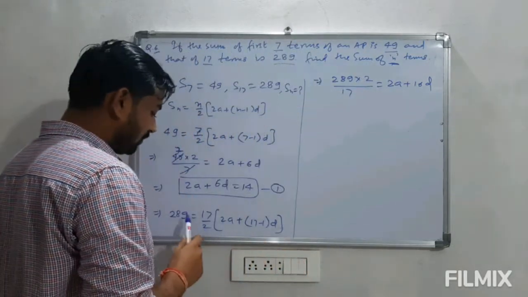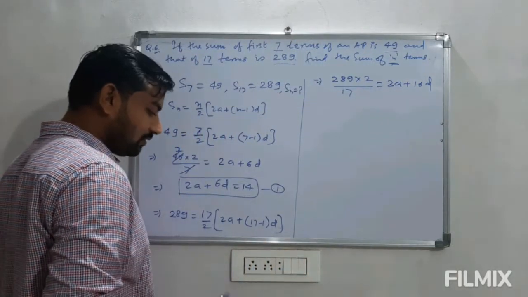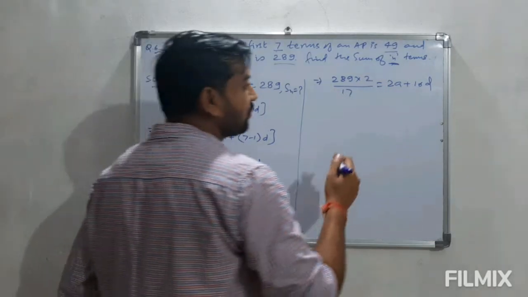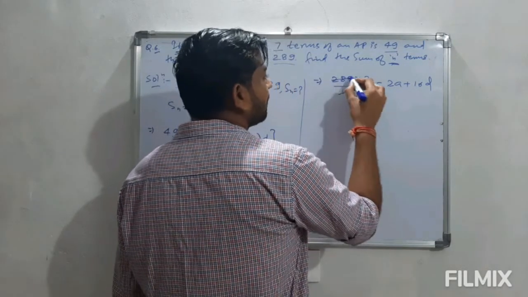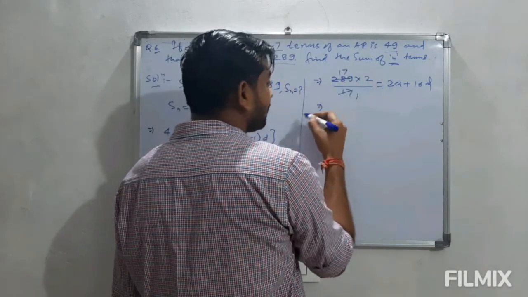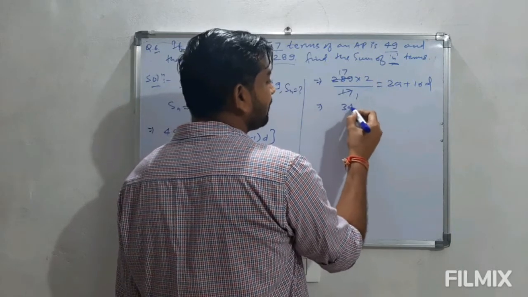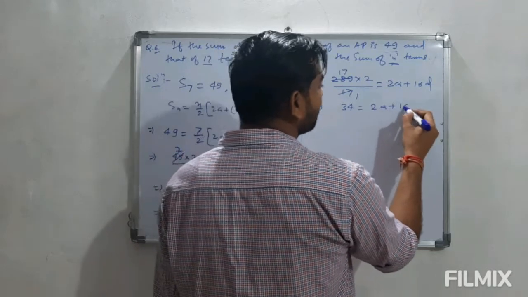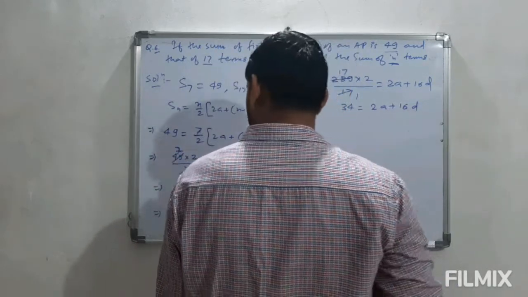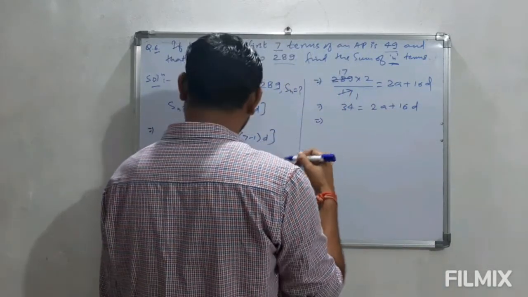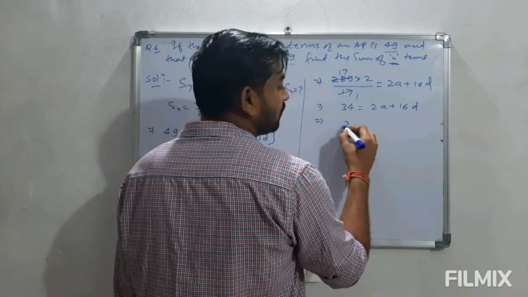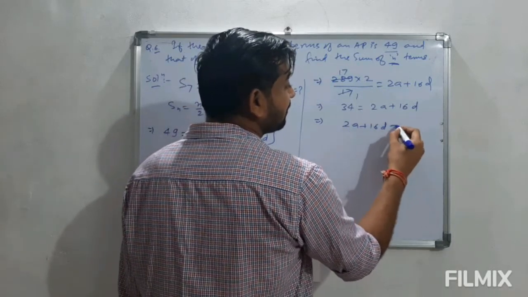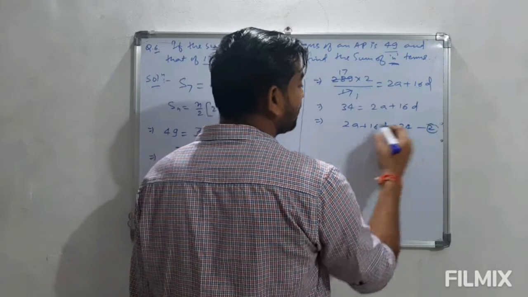Here the 2 goes to the other side, 17 in division, and 2a plus 16d is what we will get. When we divide 289 by 17 we get 17, and 17 multiplied by 2 is 34. So from here the relation we are getting is 2a plus 16d is equal to 34. This is our second equation.